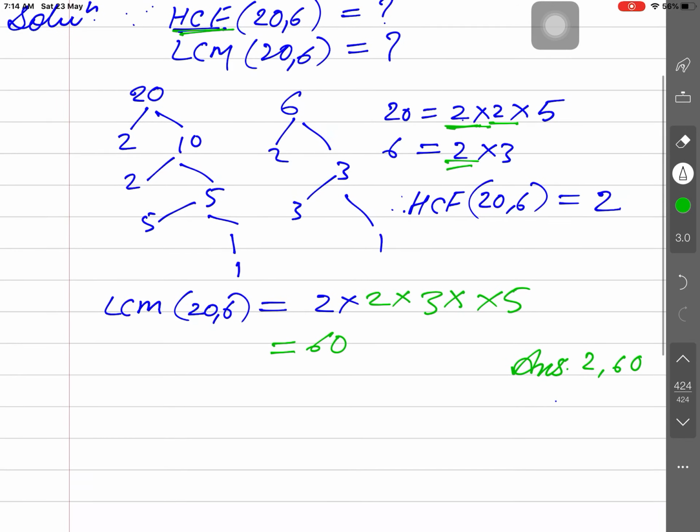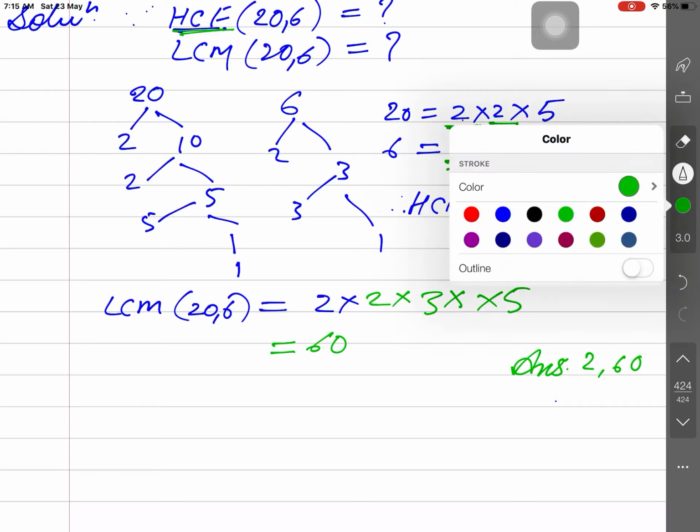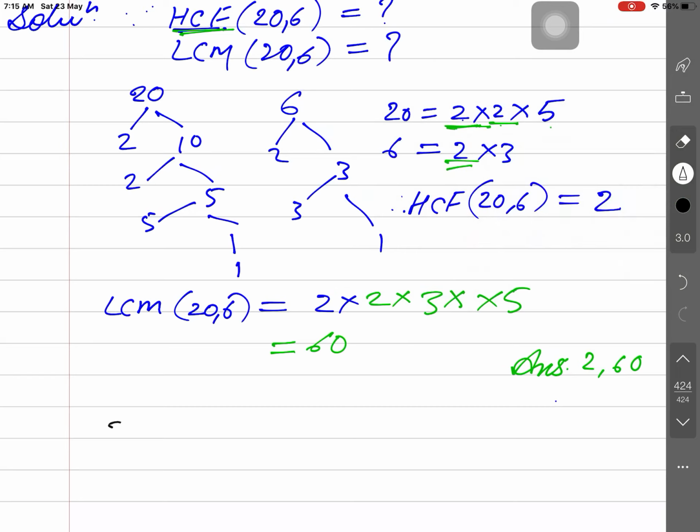But for further information, we will inspect this solution. What is the solution saying here? Look, the solution gives the prime factorization of 20 as 2, 2, 5, and the prime factorization of 6 as 2 and 3. Is that clear? So I am writing these again. 20's factorization, and 6's factorization 2 into 3.